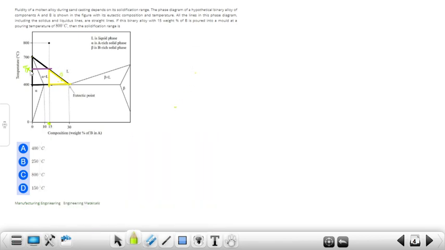So we have to compare 700 minus T star divided by the total triangle 700 minus 400, which is equal to 30 minus 15 divided by 30 minus 0.